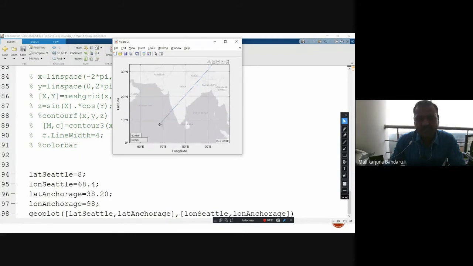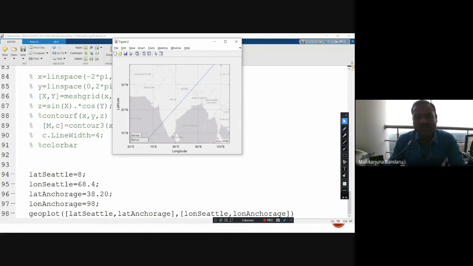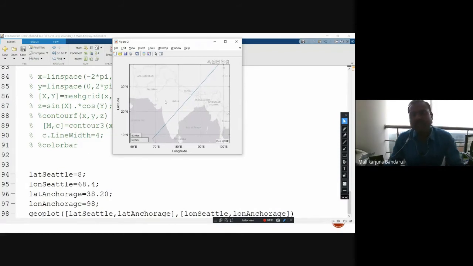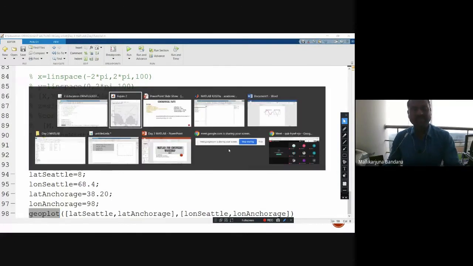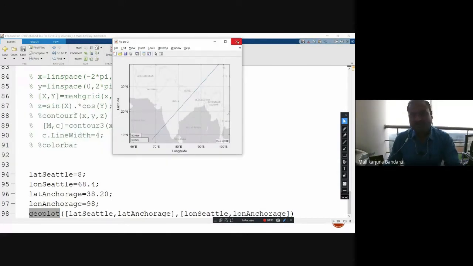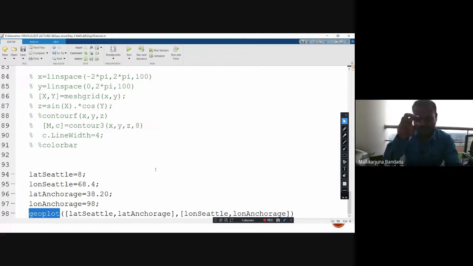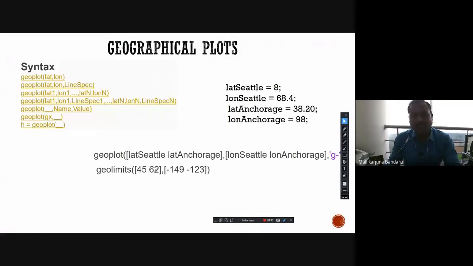If you'd like to change it, you can move it to a different place. It should be clear if you run this while connected to the internet. Otherwise, it is difficult to load the geographical image. So this is the benefit of the geoplot syntax: how you visualize a certain geographical image and make certain points from somewhere else.